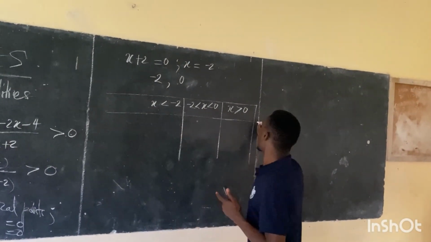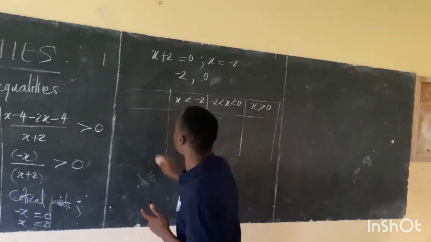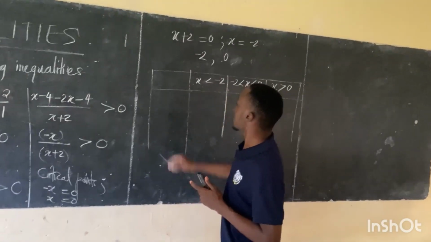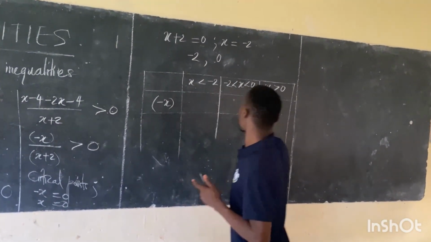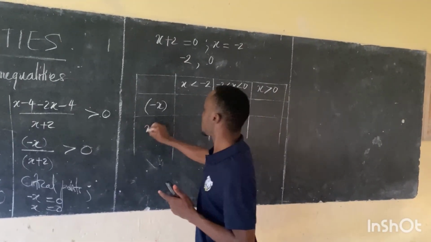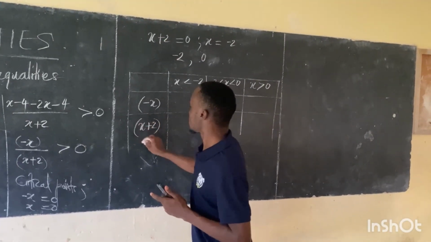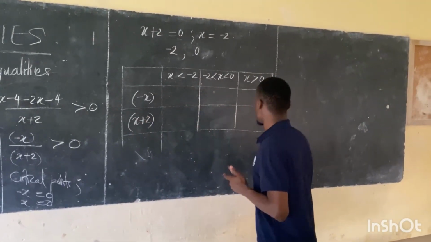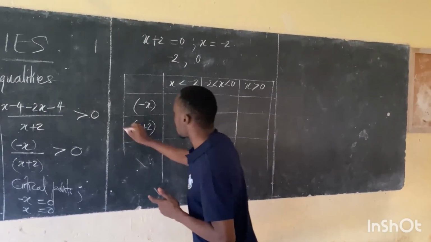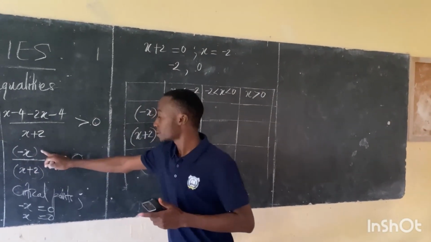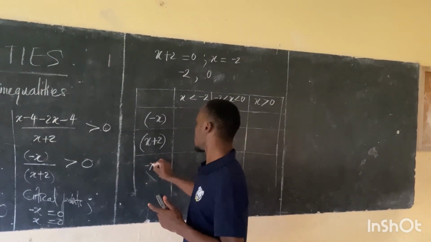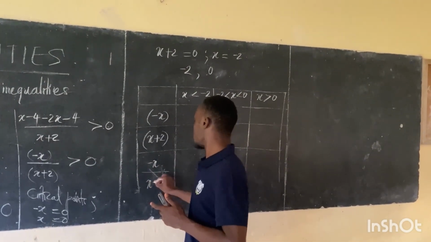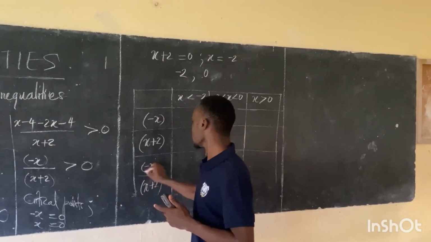So this is our table, and we are going to be looking at the signs of -x, I can just write it as it is, and x + 2. And finally, we shall look at the quotient, -x all over x + 2.